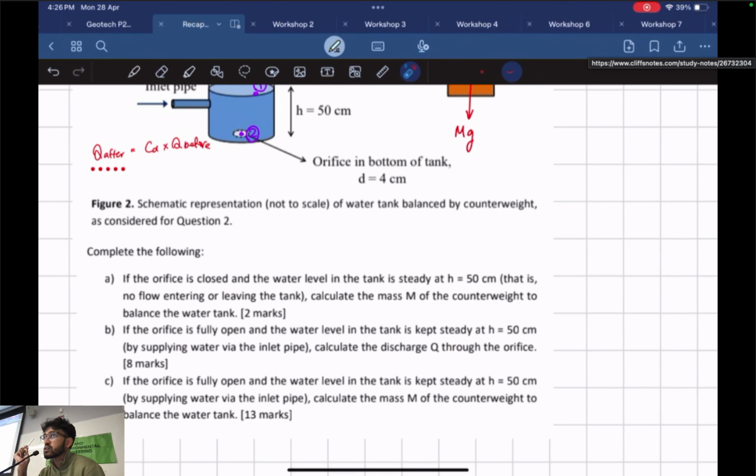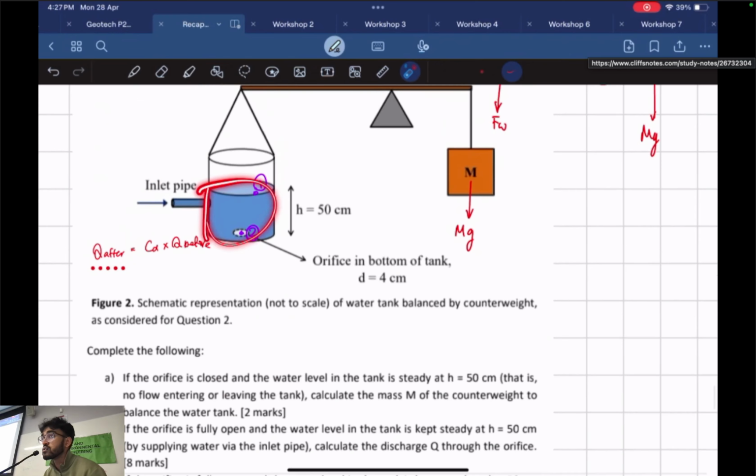You guys might be thinking, because the water tank height stays steady, the amount of water is still the same. That's true. So should we get the same mass or not? How come? There's a force from the flow, and it's to do with momentum.